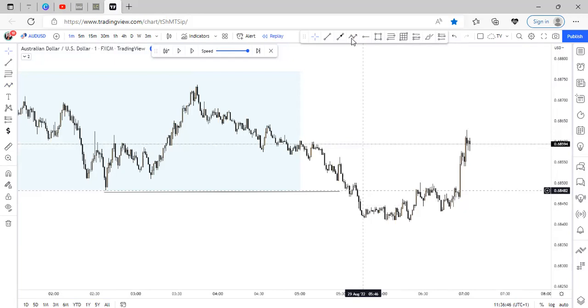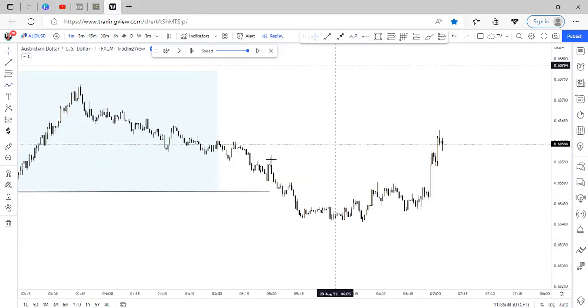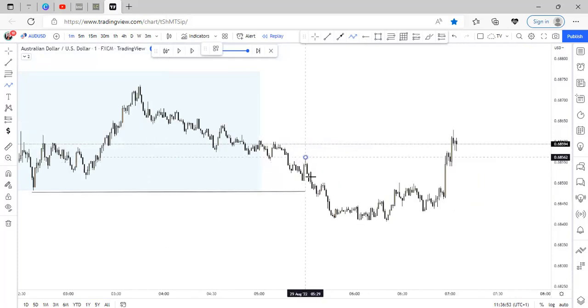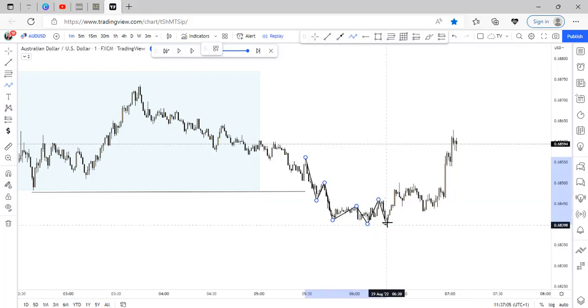So just as we can see, let's just take it from where this was broken. We can see that we had this high, we broke this low right here, then we created a lower high. So we created a lower low, a lower high, a lower low. Then this gave a push, but later we had the final push down.